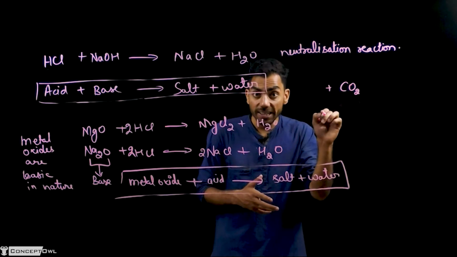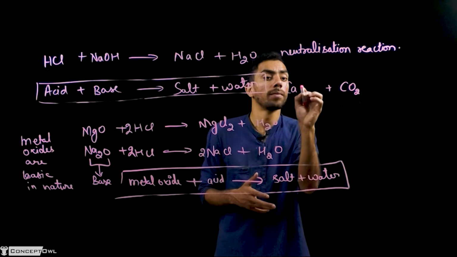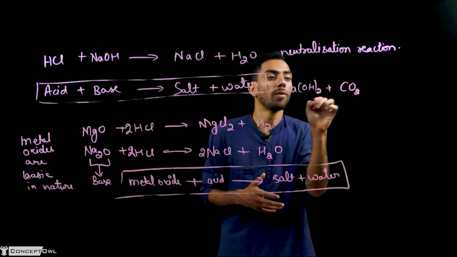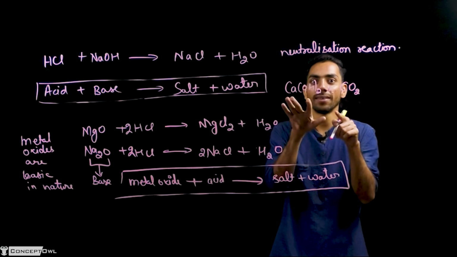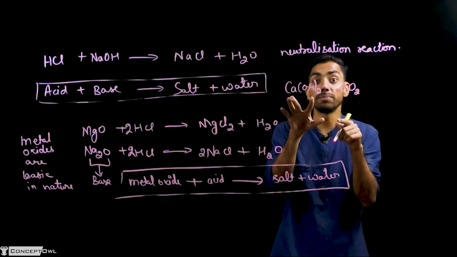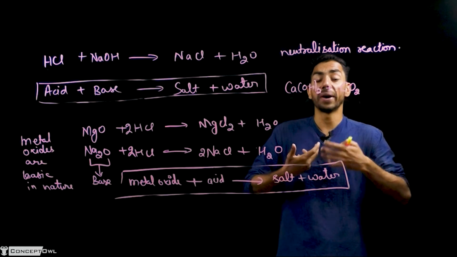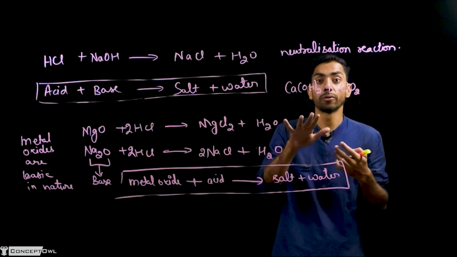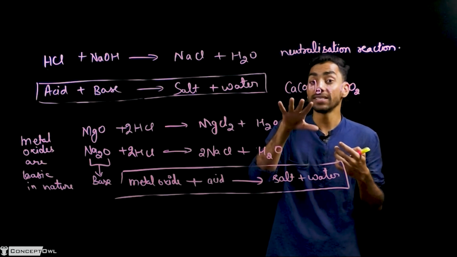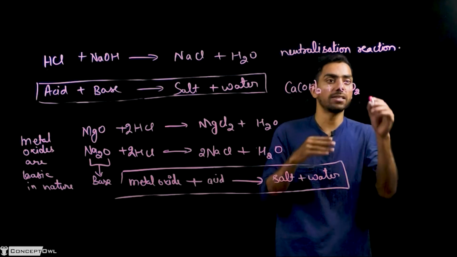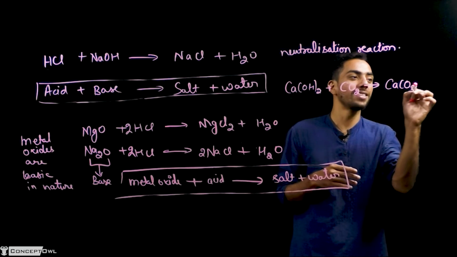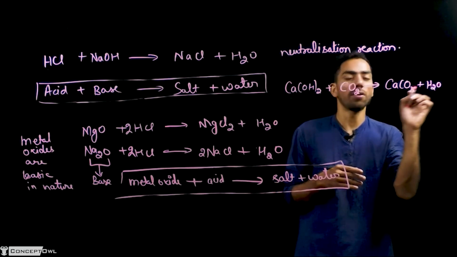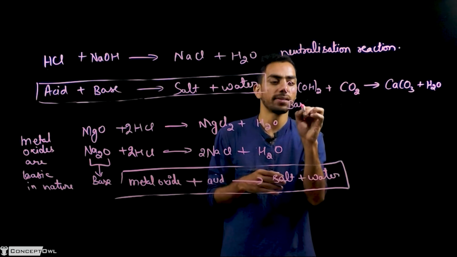If it's reacting with calcium hydroxide, what is this? This is our base. Calcium hydroxide is a base because it produces OH negative ion in water. So calcium hydroxide, slaked lime, is our base. It reacts with carbon dioxide and forms calcium carbonate plus water.